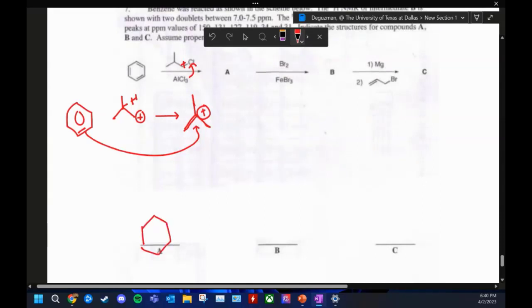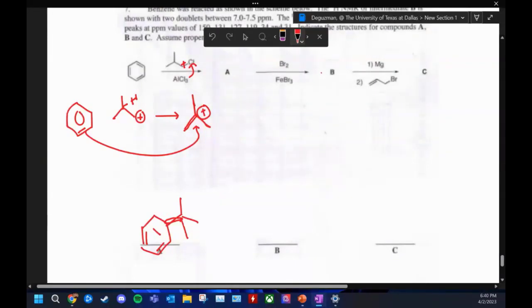So now your A should just be that, right? Just add it to the center of that tertiary carbon.